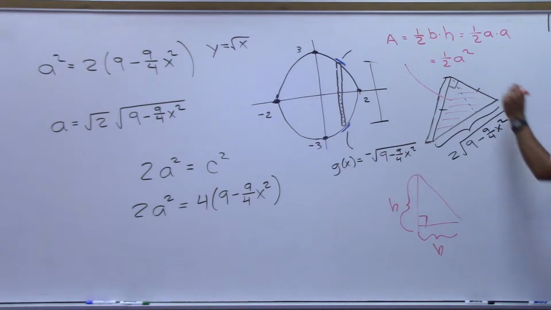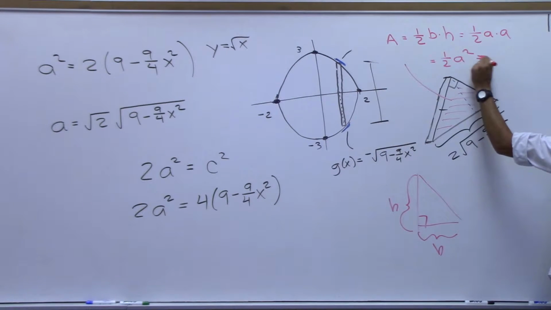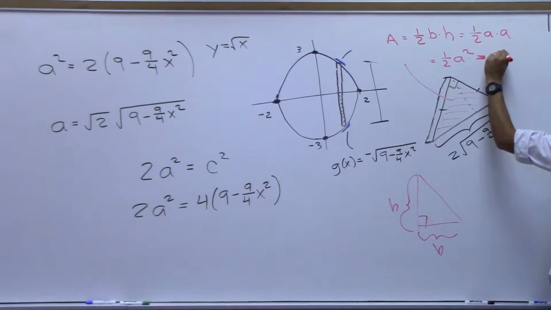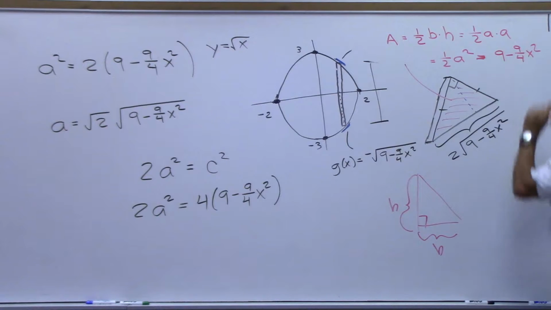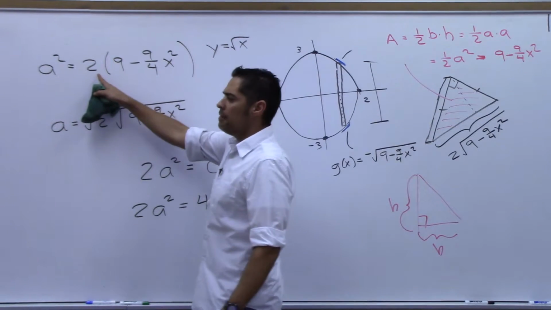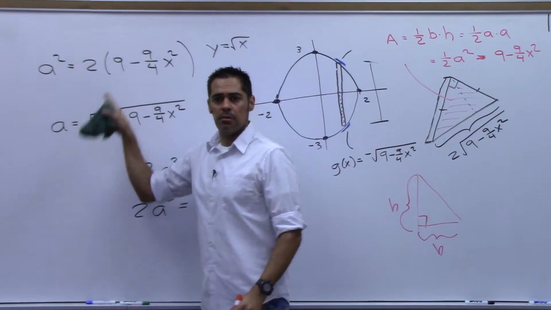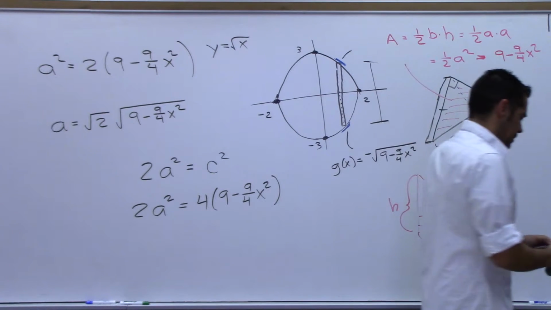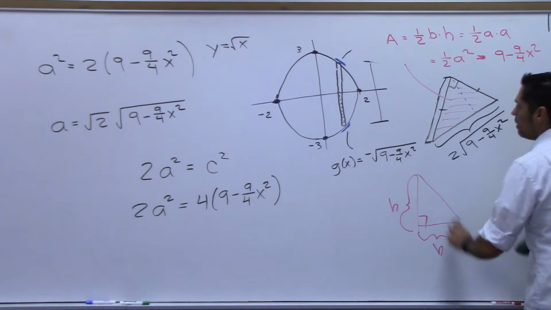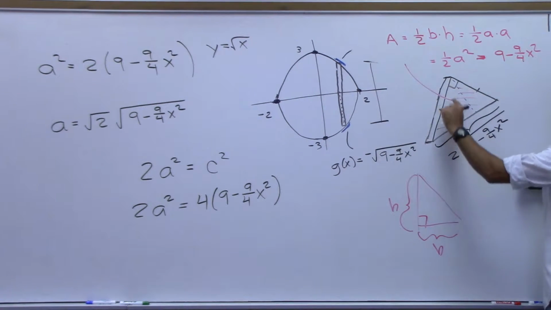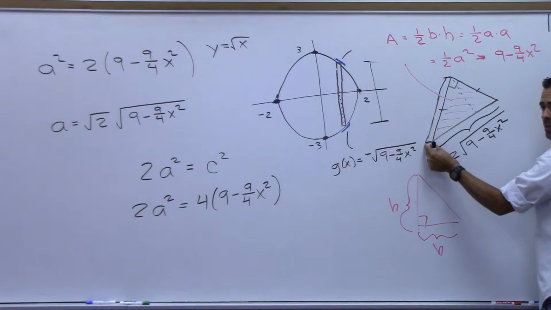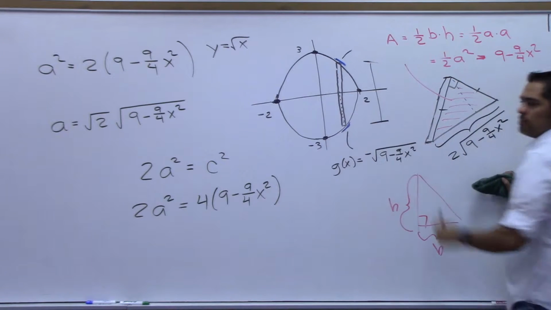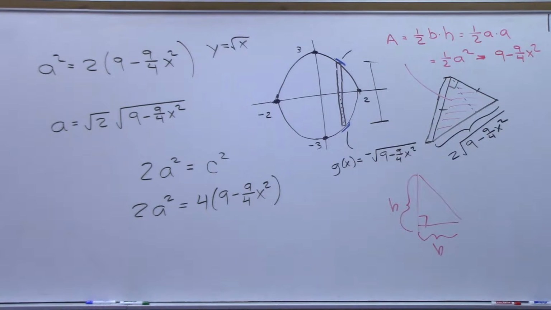Okay, so the area will be what? 9 minus 9/4 x squared. It's half of this. That's the area of one little face here. And to get volume, I multiply it by the width. How wide is this little infinitesimal strip? dx.